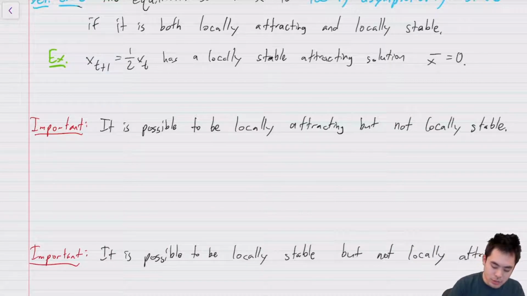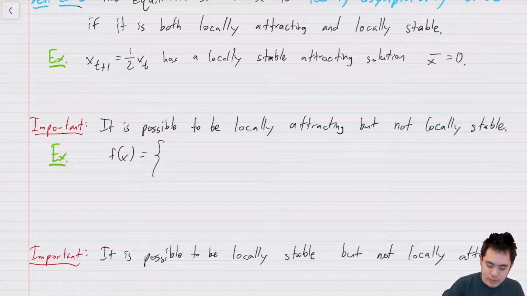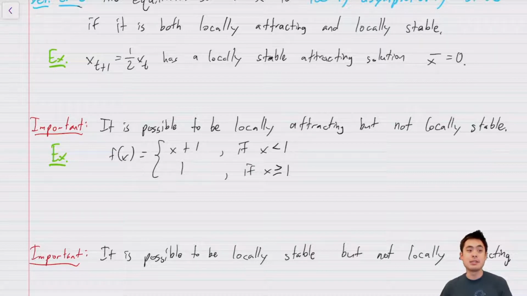Let's suppose we start with f of x is equal to x plus 1 if x is less than 1, and 1 if x is greater than or equal to 1. Note that this function f is discontinuous. You are allowed to have this in difference equations, although it does make life rather more complicated.